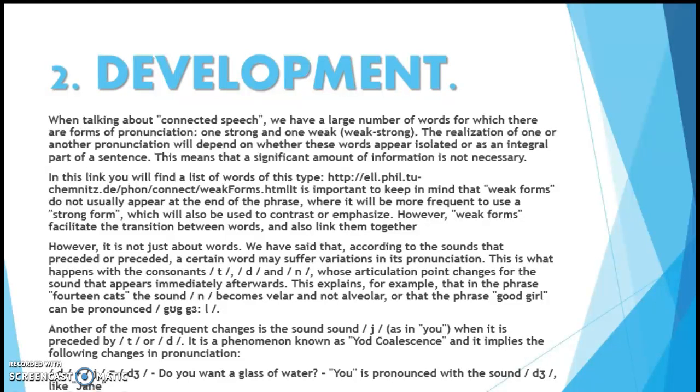The relation of one or another pronunciation will depend on whether the word is isolated or as an integral part of a sentence. This means that a significant amount of information is not necessary.